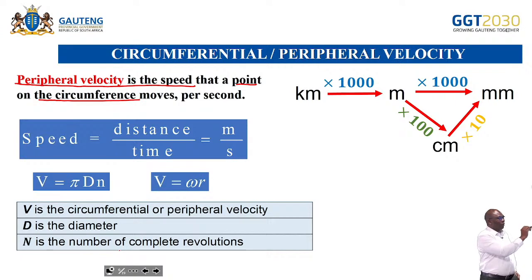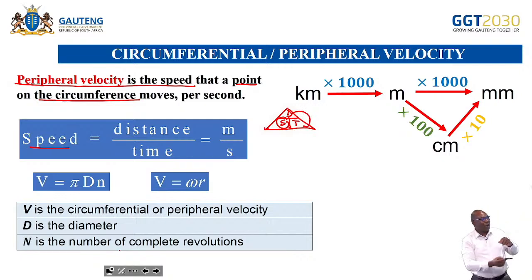So, when you look at this, remember the formula for speed will be distance divided by time. Remember, not the DSTV, but the DST that you have done in grade 9. Your speed equals distance over time.